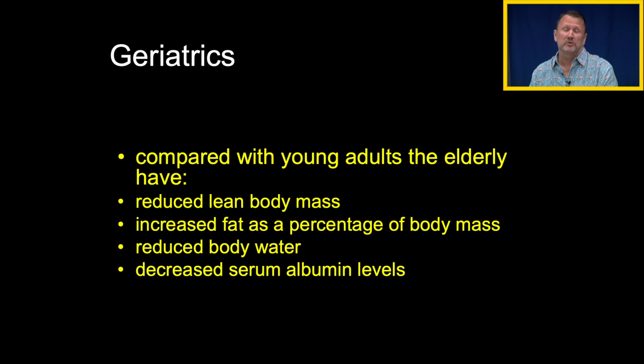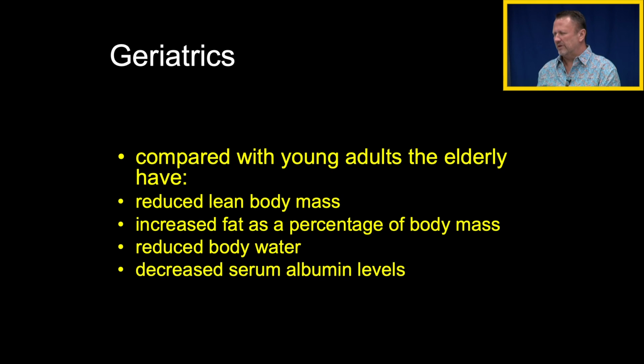They also have a reduced total body water compartment. They also have decreased serum albumin levels. The decreased serum albumin is going to change their protein binding interactions. The reduced body water is going to change their volume of distribution compared to another person. Their increased fat as a percentage of body mass is going to change the way they handle fat-soluble drugs.